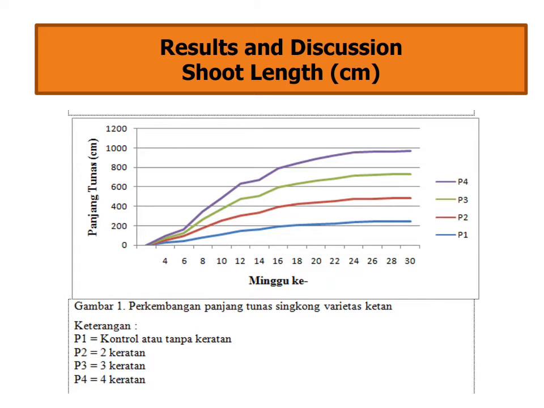Result and discussion. Growth. The observation of cassava plant growth started at 4 to 30 weeks after planting, including shoot length, number of leaves, leaf area, root length, and number of roots. Growth was determined by increasing dry weight, plant height, and stem diameter.